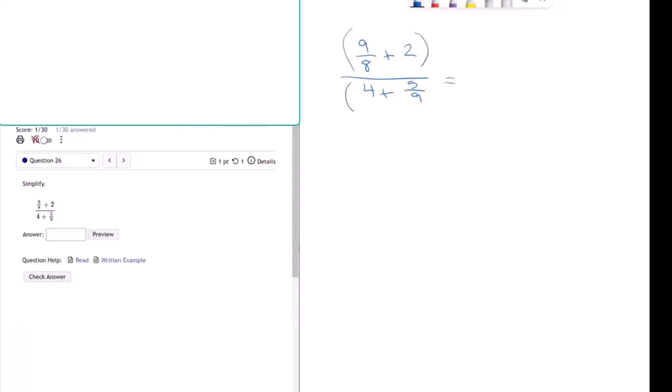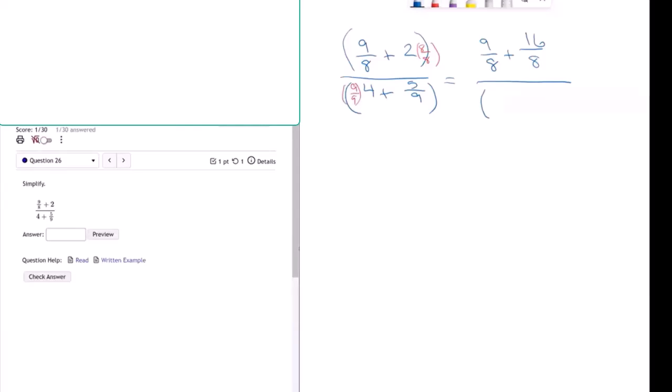I'm going to do the numerator and the denominator separately. This equals 9/8 plus, I need a common denominator, which is going to be 8. So I'm going to multiply this by 8/8. And I end up with 16/8. Here, I'm going to multiply this by 9/9.